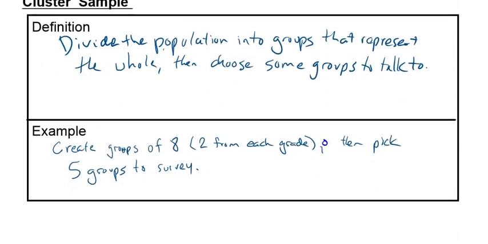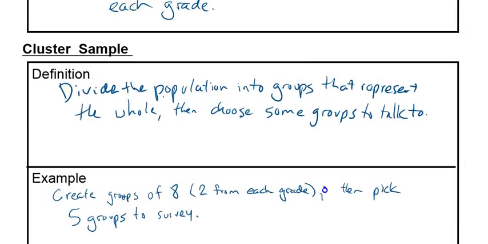The next one is called the cluster sample. And for this one, what we do is we divide the population into groups that represent the whole, and then choose some groups to talk to. This one can get a little confusing, but a good example would be, let's say we take the whole population of McKinnon Park Secondary School, and we split up into groups of 8, 2 from each grade.